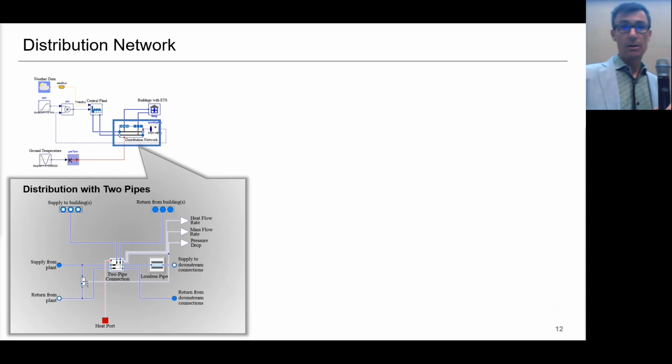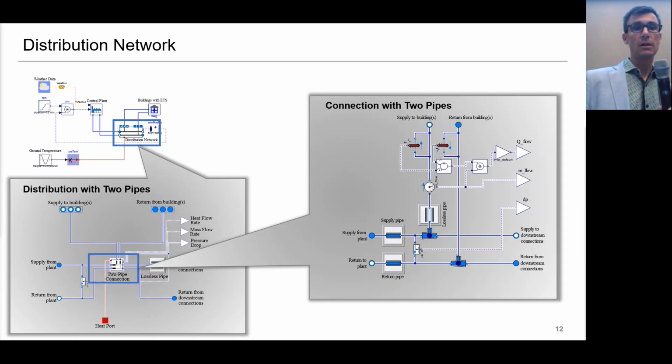And you can also replace these pipe models, for example, with models that also model the transport delay and may have coupling to the ground heat transfer. So if you open this icon, you see underneath the connection with the 2 pipes and the flow junctions. And this one is basically used again to hierarchically set up those distribution networks and allows you to relatively quickly parameterize the distribution system.